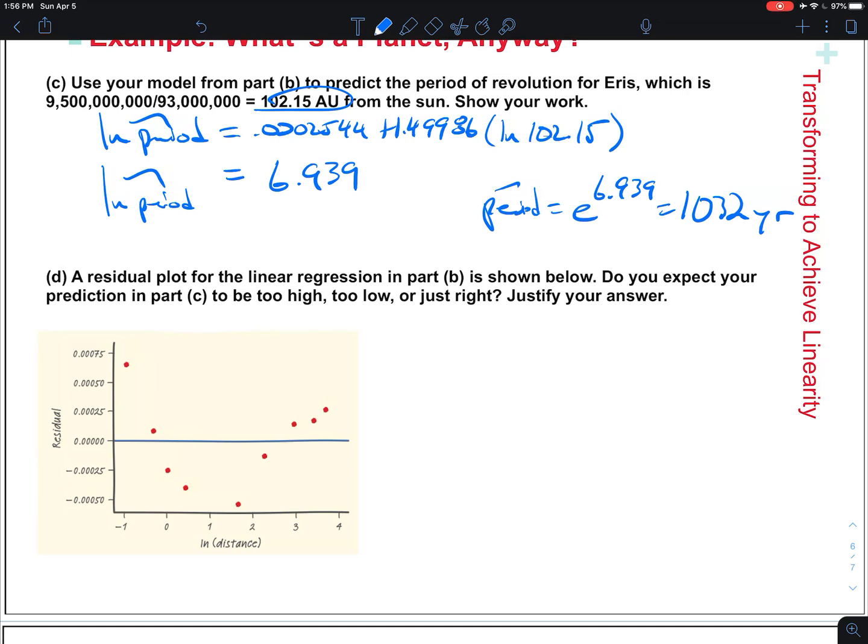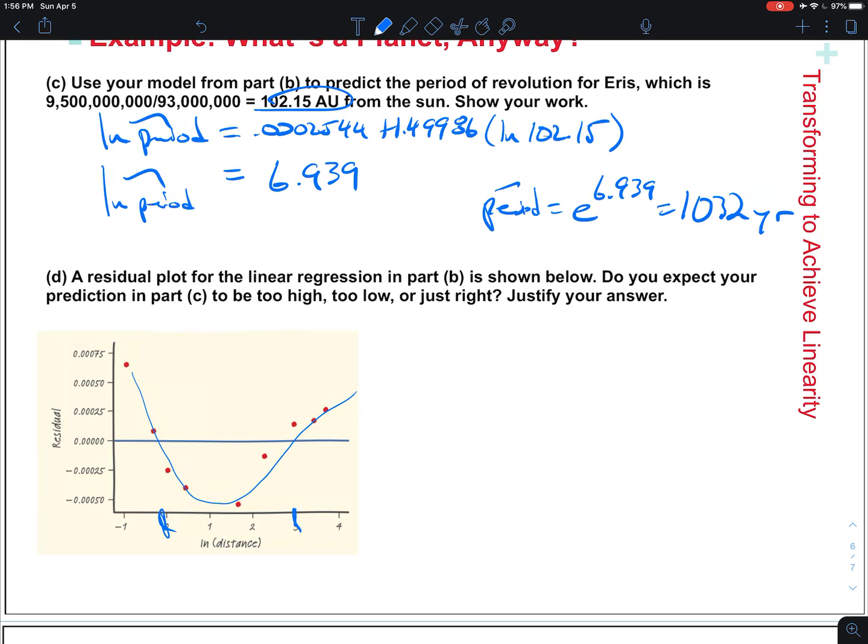Again, in D here we have a residual plot for the regression. In part B, do you expect your prediction to be too high or too low, or just right? Well, clearly there's a pattern in here. When I have log distance between, let's say, 0 and 3, I tend to have observations that fall below the line.